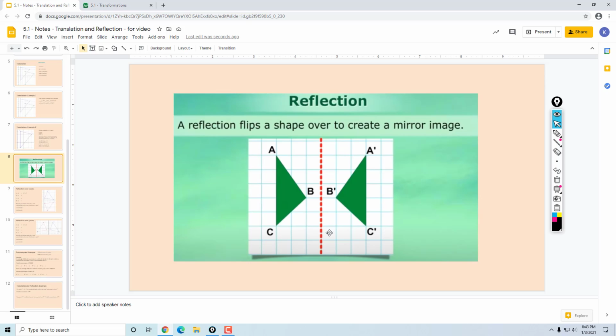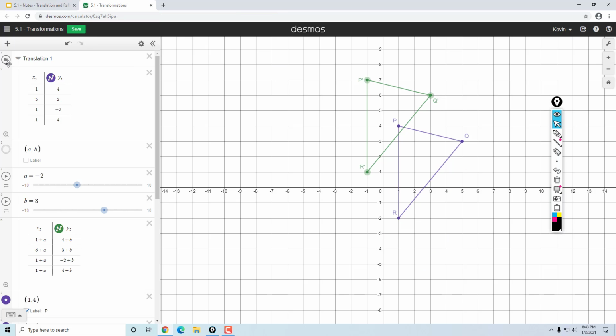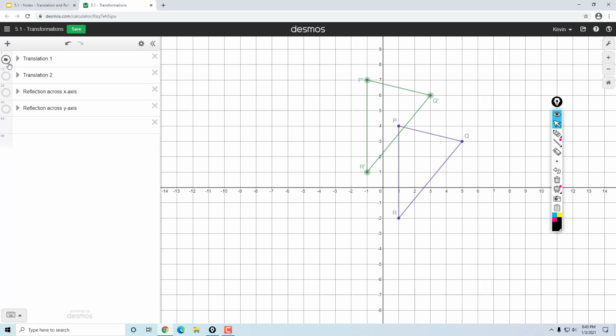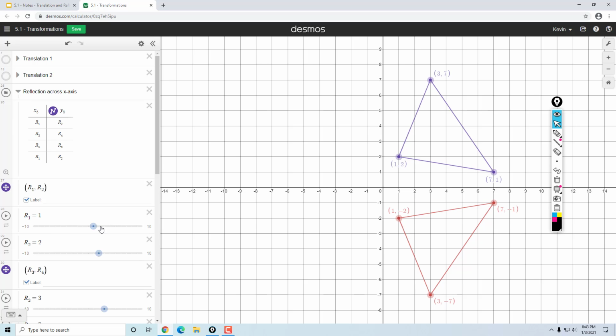Next, reflection. A prime, B prime, C prime here is a reflection of A, B, C. Reflections look like this. This is reflection across the x-axis. And we see that as the points move, it's always directly across the x-axis.